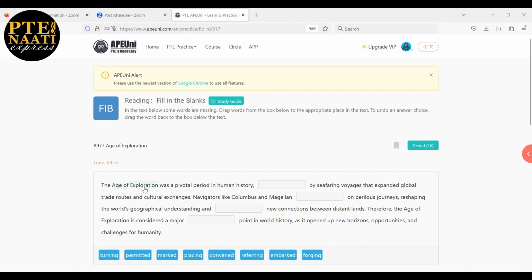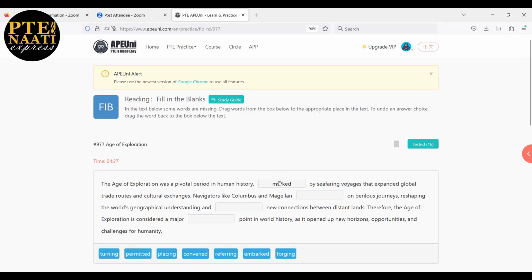The age of exploration was a pivotal period in human history, blank by seafaring voyages that expanded global trade routes. Turning by seafarers, permitted by, forged, embarked, referring, convened, which is better?